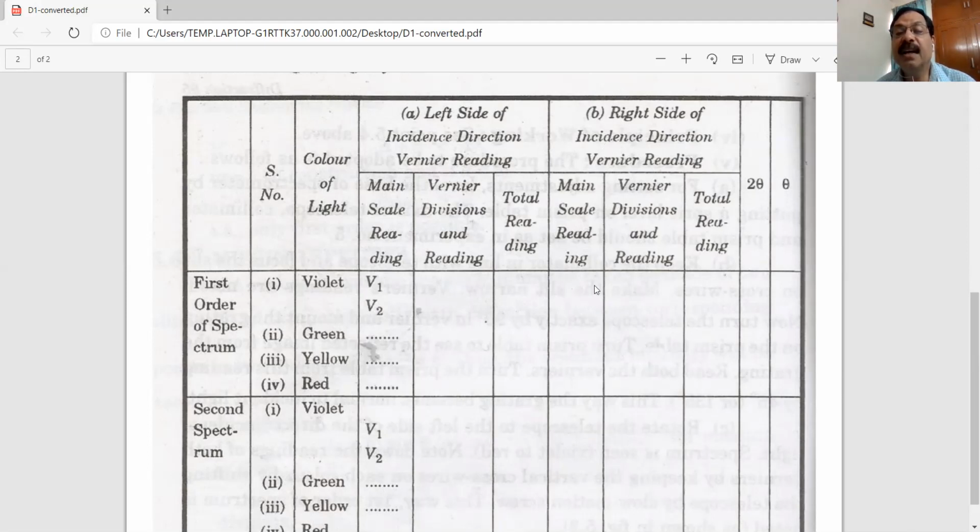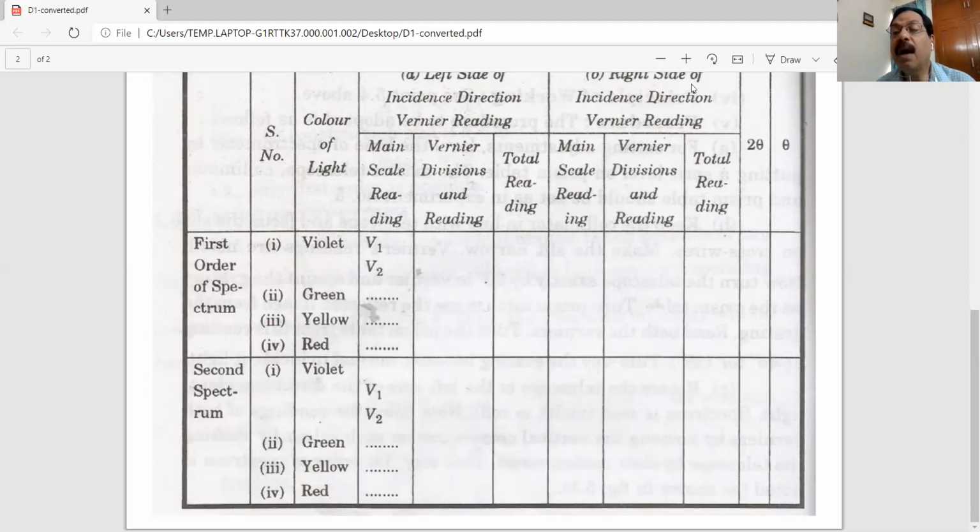Here you will take the main scale reading, here the vernier division reading, and here comes the total. When you take the difference between these two, you take the magnitude, and it will come 2 theta. Half of it will be the angle of diffraction, and this theta will be the angle of diffraction for the first order, and similarly for the second order.